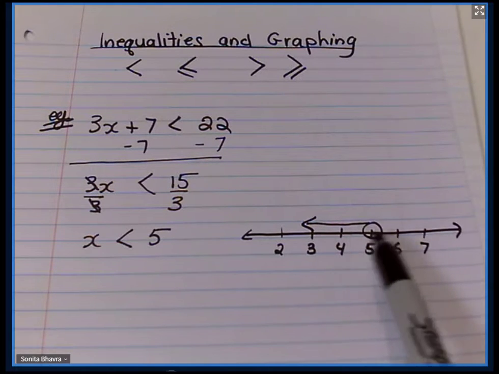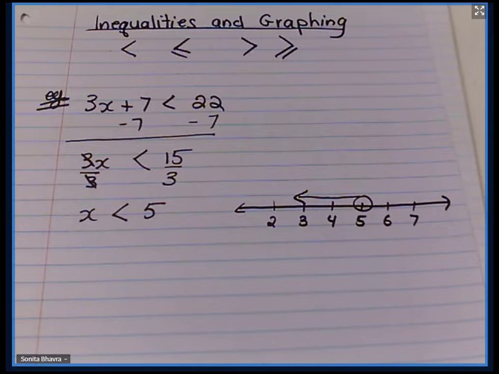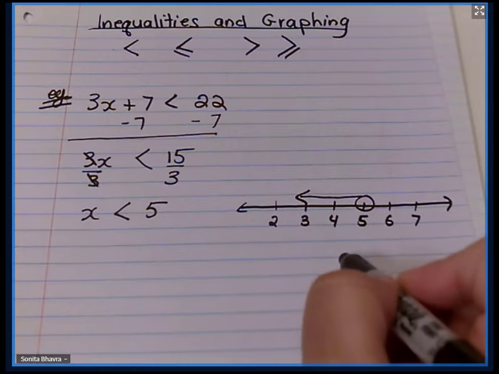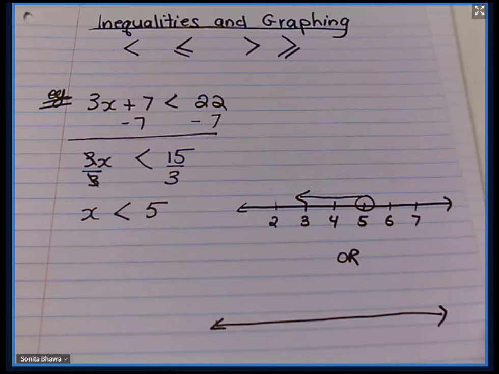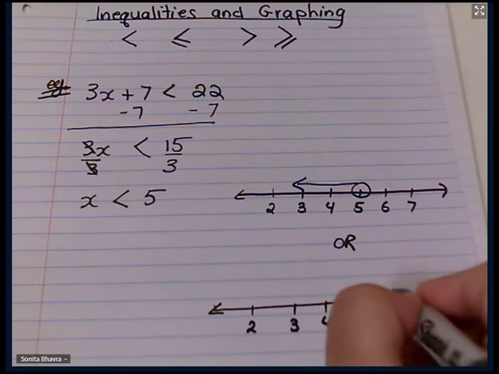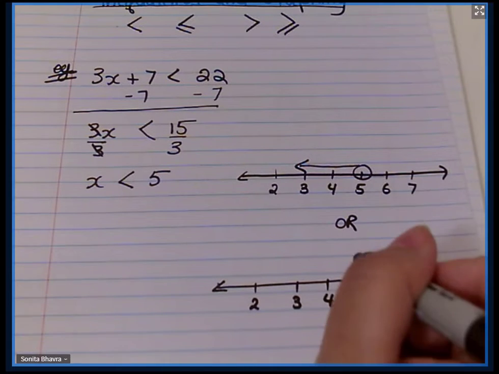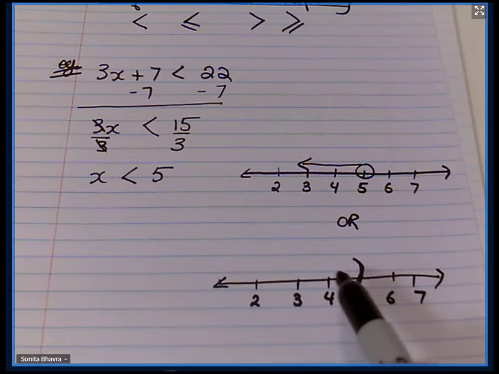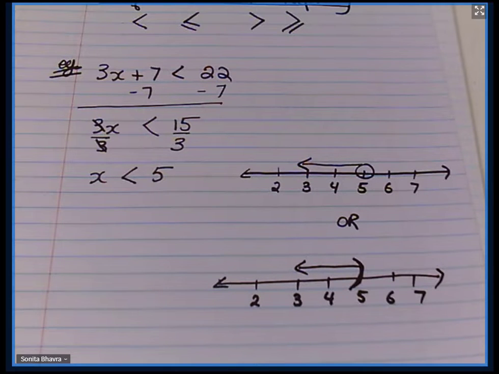So an open dot represents less than. The way it's shown in our modules is by a curved line. I'm going to draw this out and redo the number line. There's my number line, and they use a curved symbol like this, still pointing to the left because it's still less than 5.